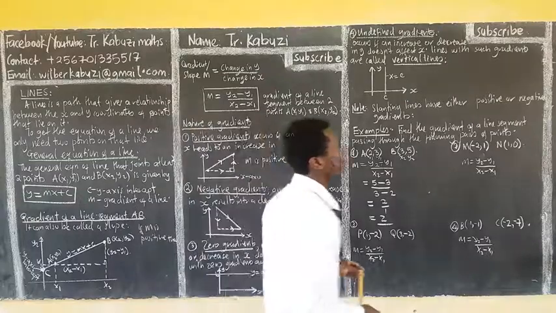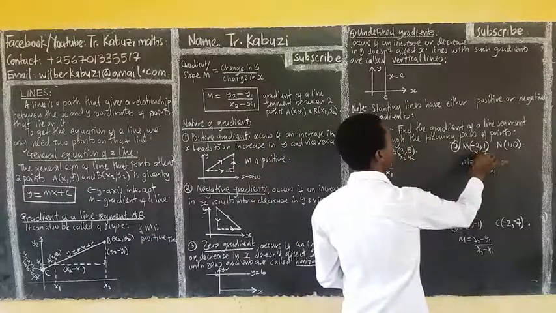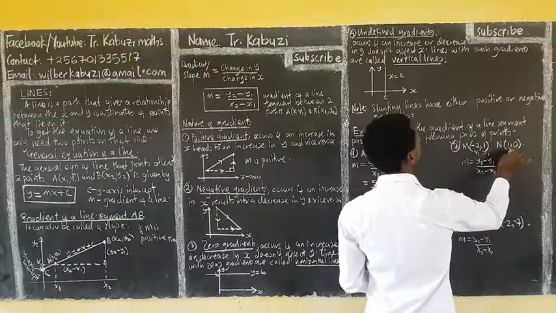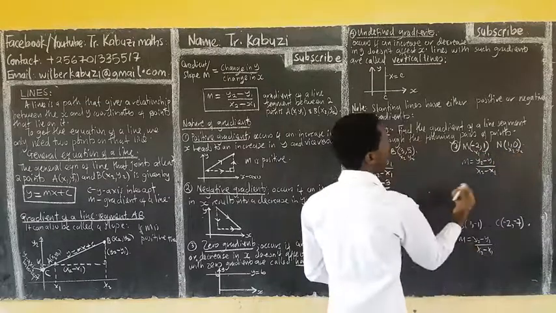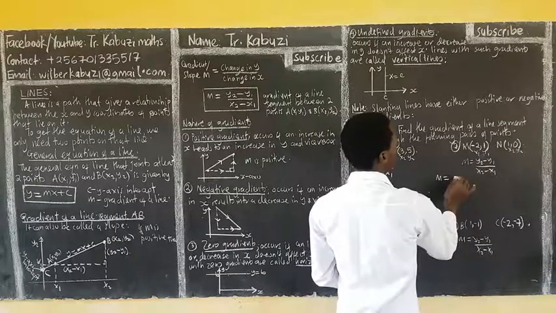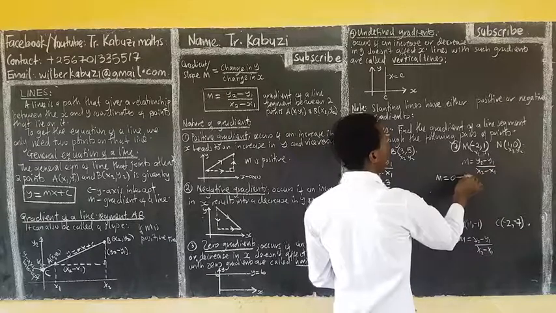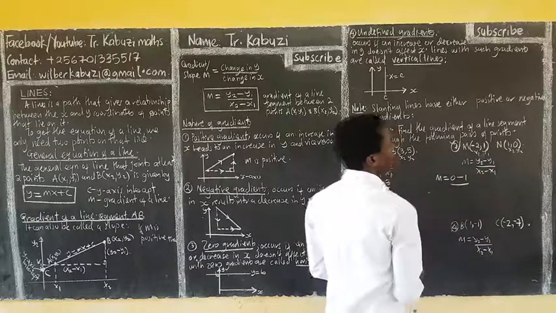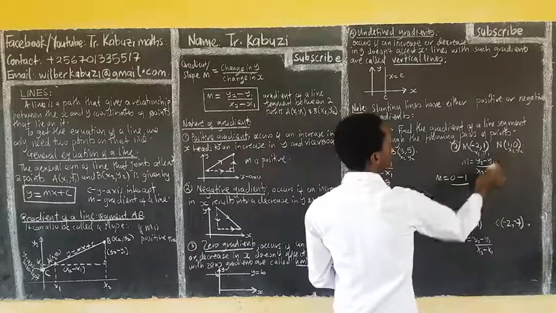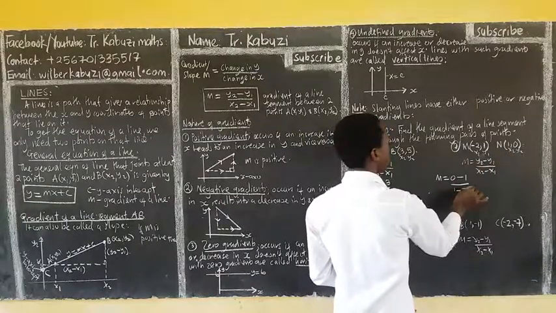For this one here, let me call this one x1, y1, and this x2, y2. So now my gradient m is y2, which is 0, minus y1, which is 1, over x2, which is 1, minus x1, which is negative 2.